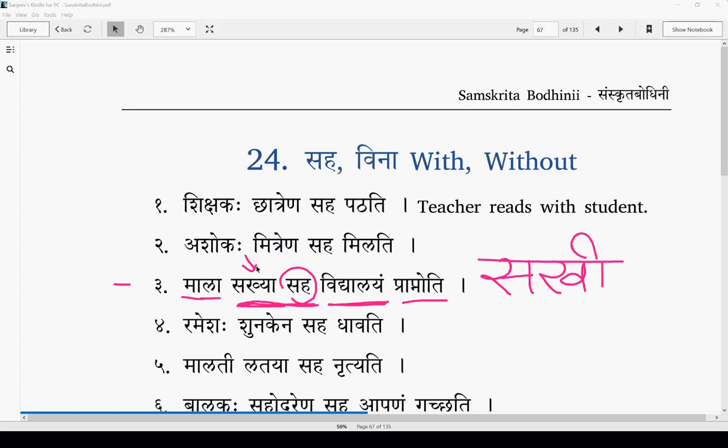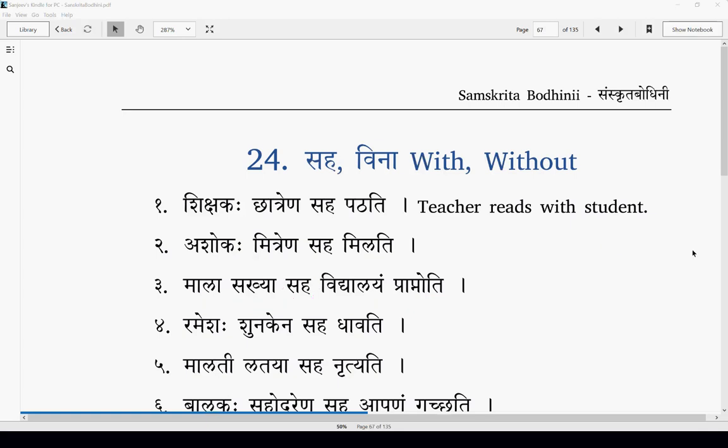Note that in the last page, where it was like Chamasena khadati, Lekhanya likhati, what did we say? Tritiya Vibhakti is used in what sense? What is the role of a word which is in Tritiya Vibhakti? Instrument. Like Lekhani is an instrument, Vahanam, Vahanena, instrument or medium. But here we are saying Shikshaka Chatrena Saha Patati.